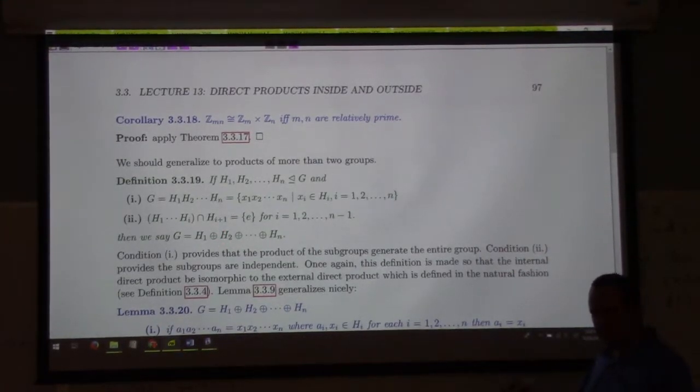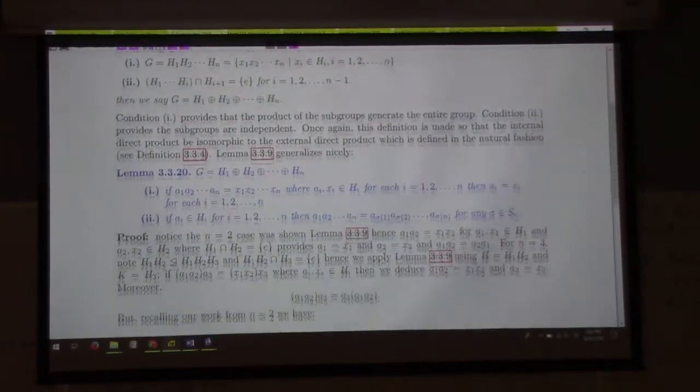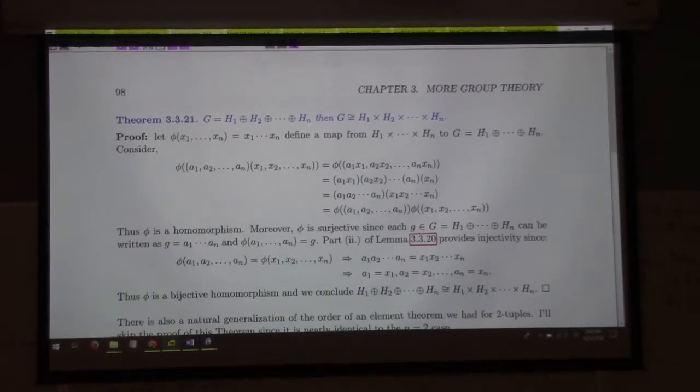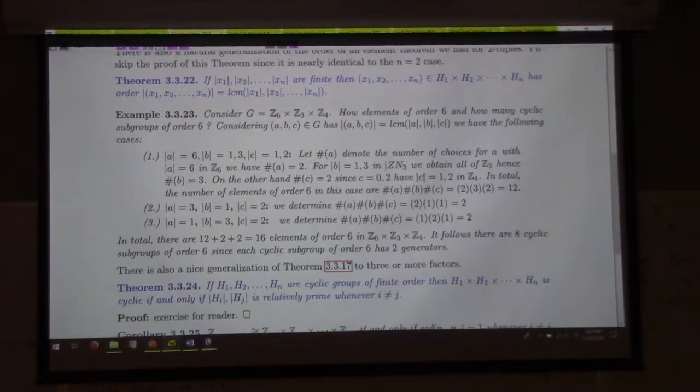The lemma generalizes. It all generalizes to more than two products. And then finally, it hurts to actually go through that. Here's the map. I count the number of elements of order 6 in Z6 cross Z3 cross Z4. That was unfun.